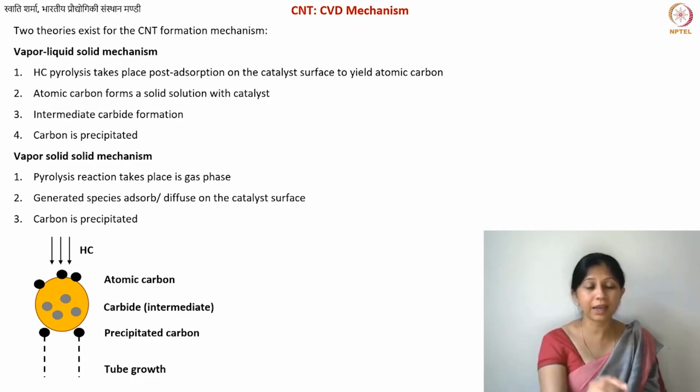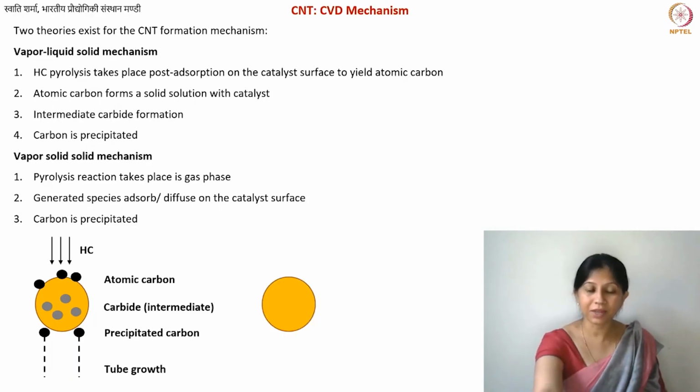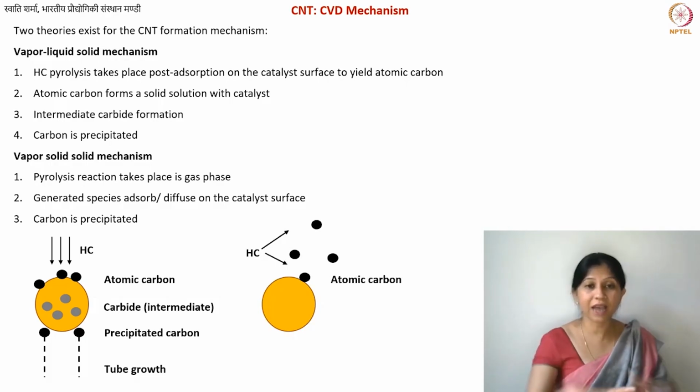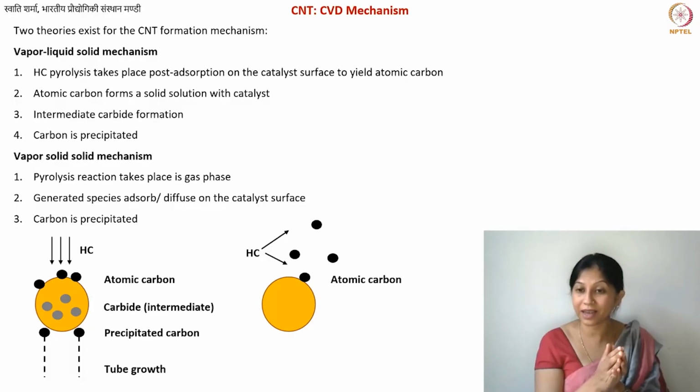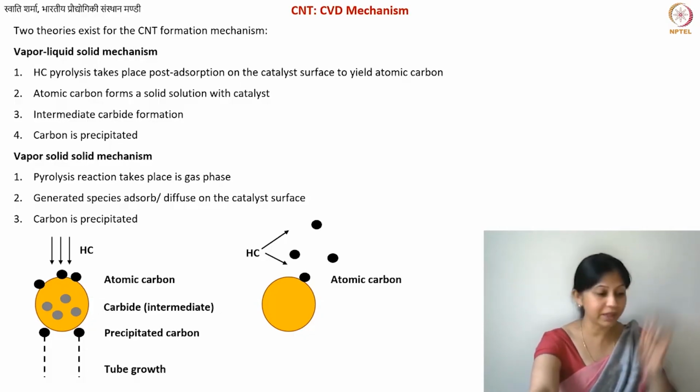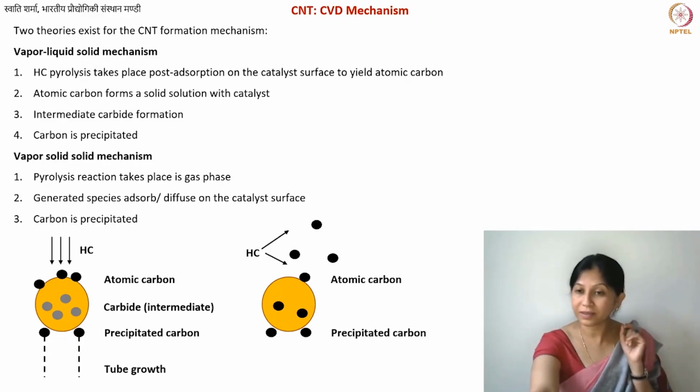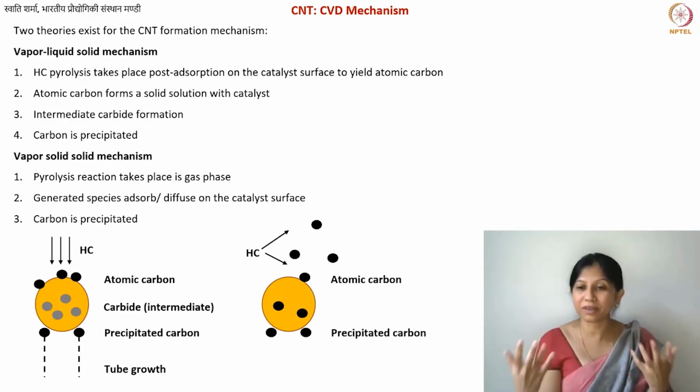So in the second mechanism, we believe that carbide formation does not take place. Again with the help of a diagram, this is your catalyst particle, but here the hydrocarbon is dissociating already in the gas phase and converting to atomic carbon. This atomic carbon then deposits on top of your surface, and then it precipitates out.